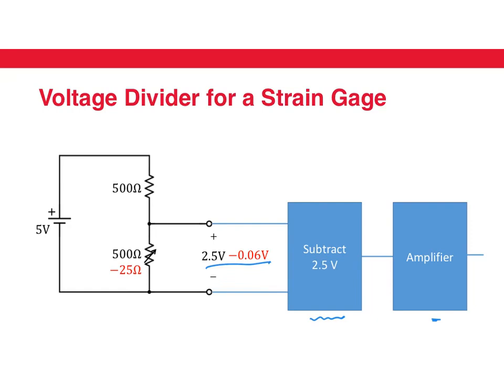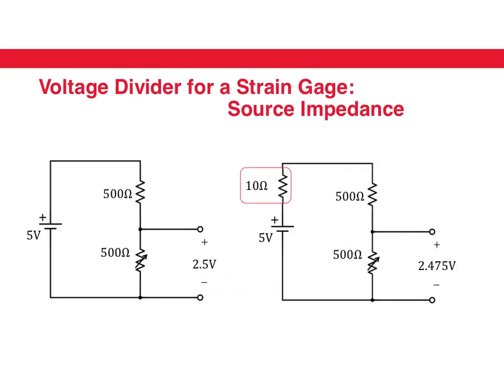So we found out a way of amplifying the very small change of resistance that a strain gauge gives in response to a deflection. Now let's think of other problems with voltage dividers. One other problem would be the problem of source impedance.